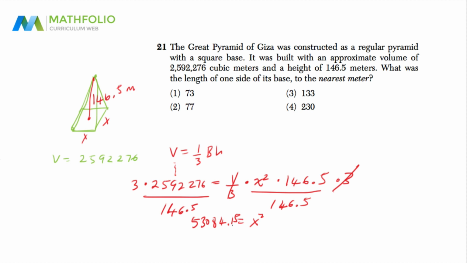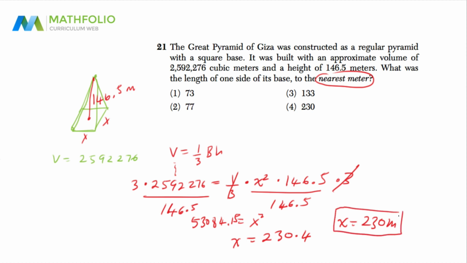So second function square root, second function negative, which drops in the answer. So that gives me an x value of 230.39. So .39 would become .4, but it does say to the nearest meter. So therefore x would equal 230 meters. That would be my answer for question number 21. 230 is option number 4.